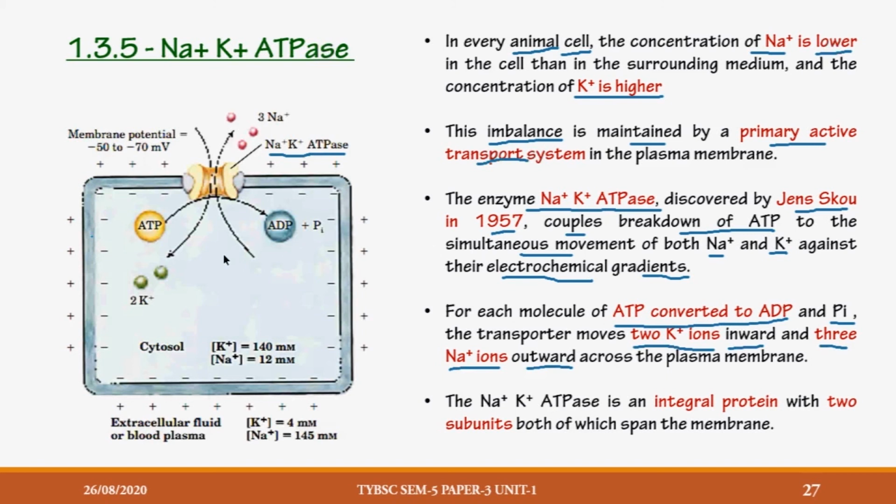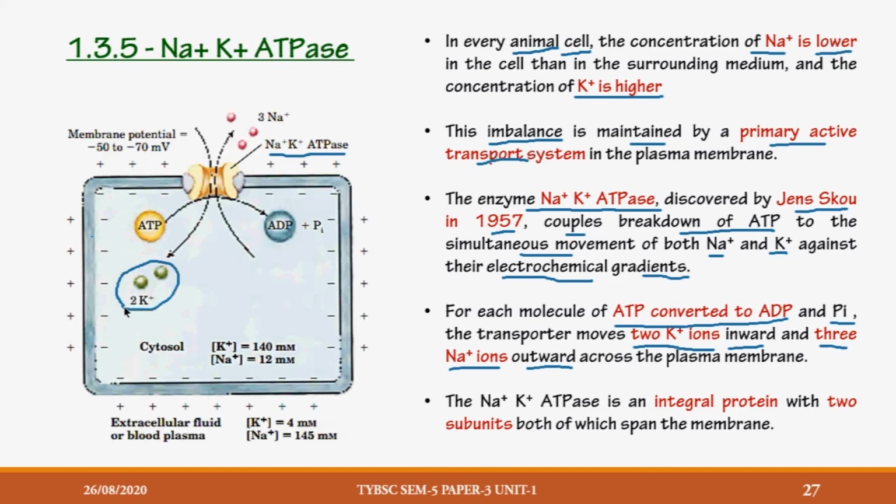Okay, so this is how your Na plus K plus ATPase works. With a breakdown of one molecule of ATP to ADP and Pi, we have two molecules of K plus entering the cell and 3 molecules of Na plus leaving the cell. Got it? This is the main important function of your Na plus K plus ATPase.